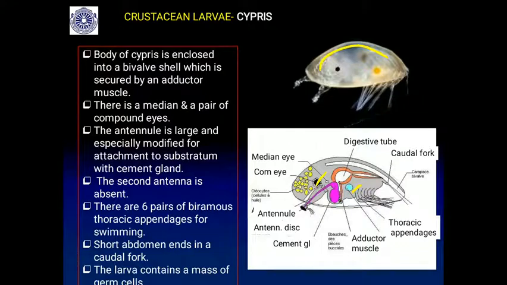The antennule is large and especially modified, with a cup shaped structure for attachment to the substratum. It is directly connected to a cement gland. The cement gland helps the Cypris get attached to the proper substratum, that is, rock in the case of rock barnacle.